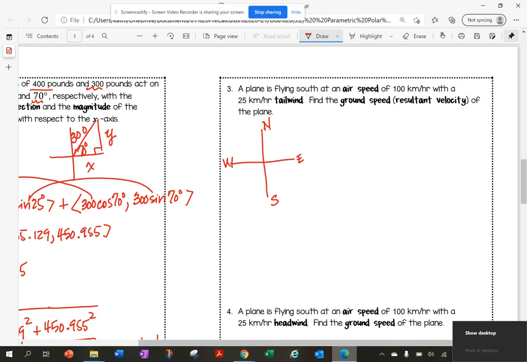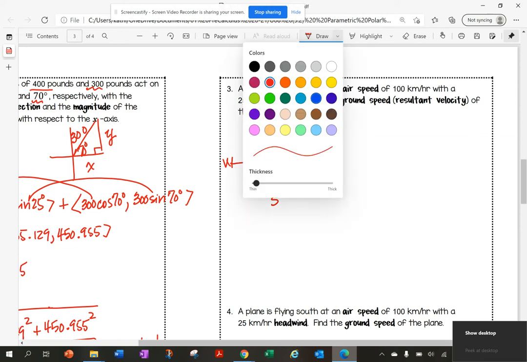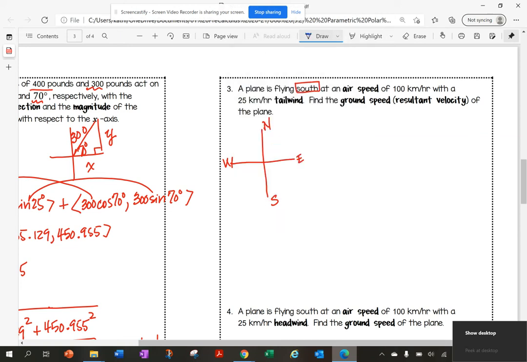Okay, so when a plane is flying at an airspeed of 100 kilometers per hour, so I'm flying south. So I know, since I'm flying south, I am going 100 kilometers per hour here.